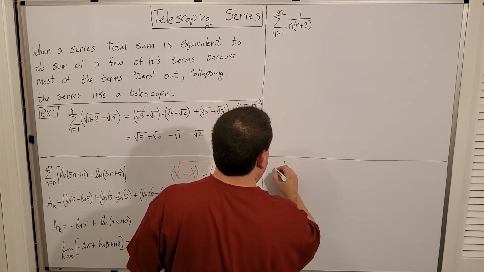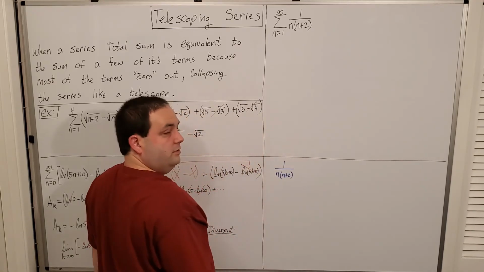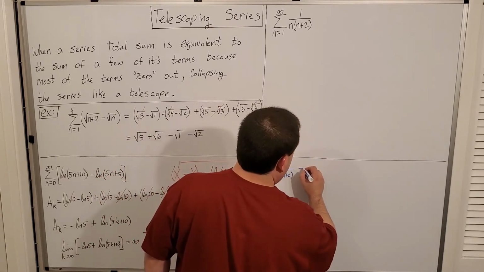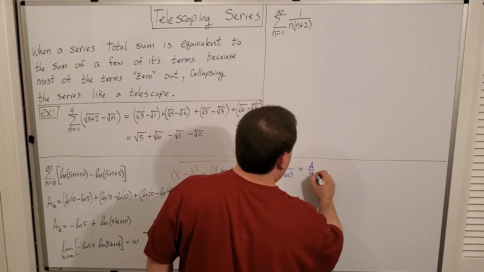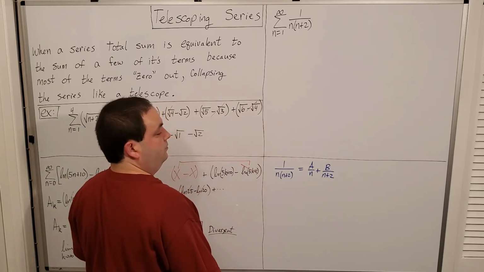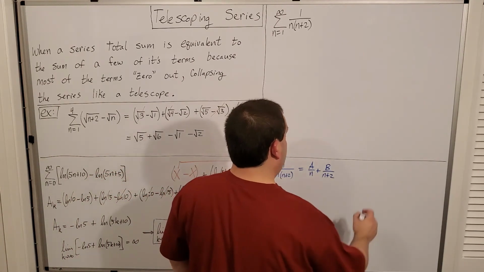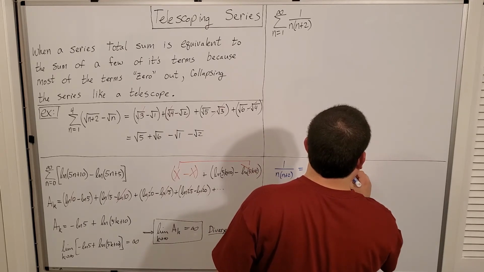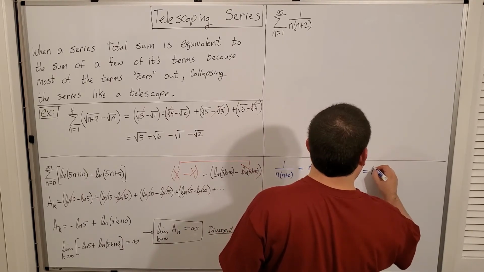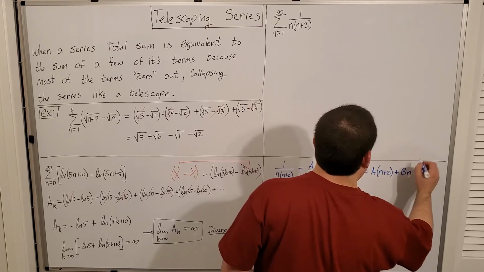So I've already got the denominator factored out. This is going to be equal to a over n plus b over n plus 2. After I do my multiplications of that common denominator, I'm going to have 1 is equal to a times n plus 2 plus b times n.